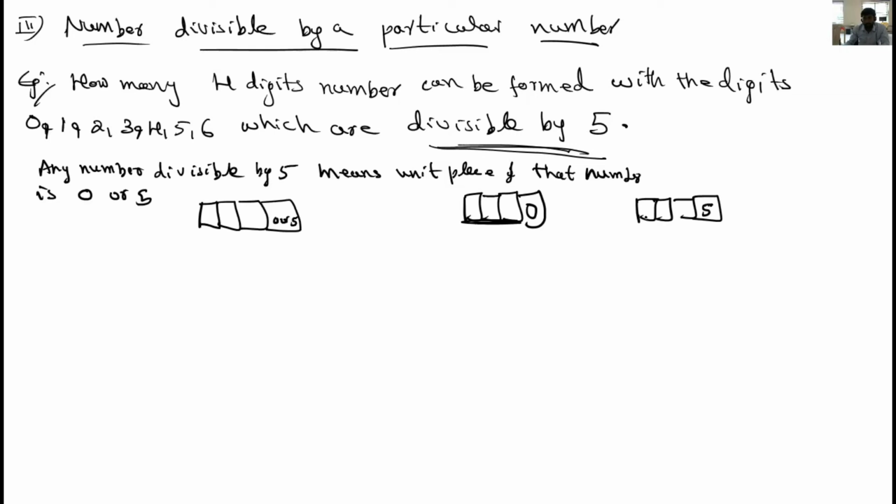That time 3 vacant places are also available, but we can't use 0 in the thousands place. Why? If you use 0 in the thousands place, then it's equal to a 3 digit number. So we can't solve this problem directly by taking 2 possibilities here, 3 possibilities here, 1 possibility here.